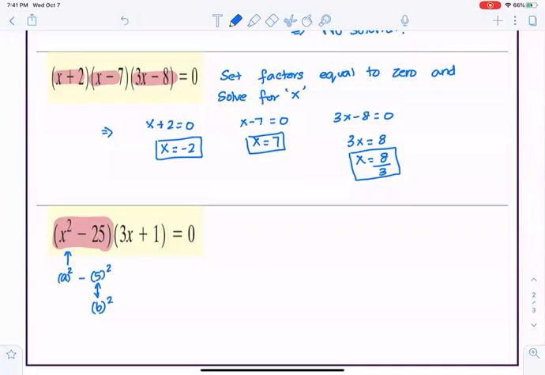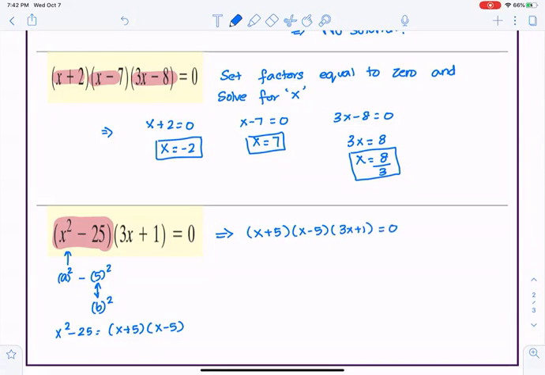And we know that a squared minus b squared is simply a plus b times a minus b, so x plus 5 times x minus 5. So I could write that entire equation as x plus 5 times x minus 5 times 3x plus 1 equals 0.